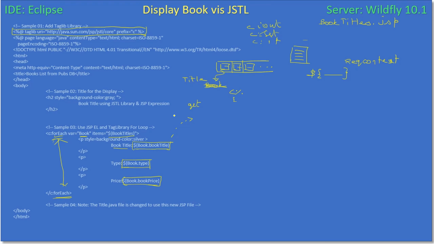This code will make a call to the get version of this book title, get book title or get title, whatever we define. Since the field name is book title, it will be get book title.